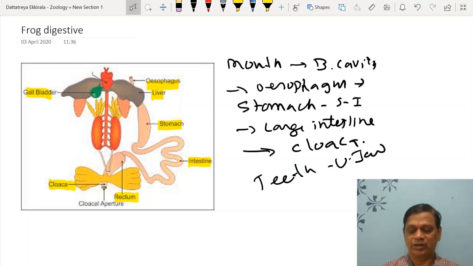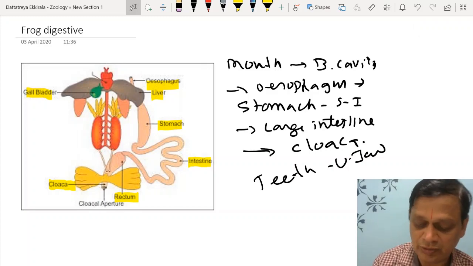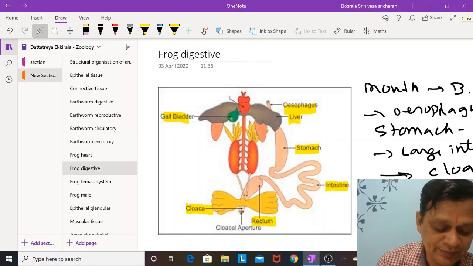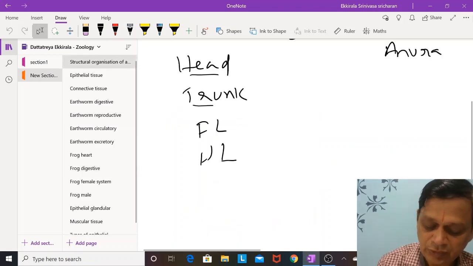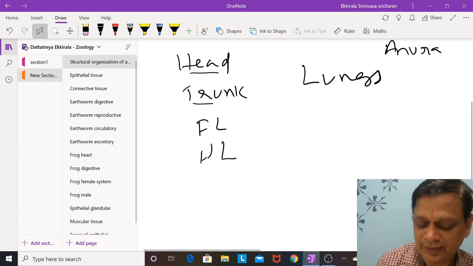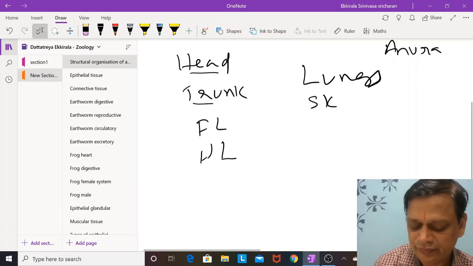And homodont type, only one type of teeth are present, so we can call it a homodont. And frog respiration can be carried through lungs, skin, and buccopharyngeal cavity.